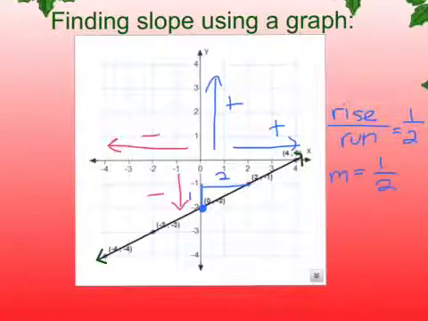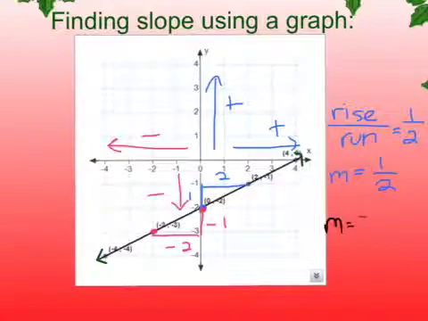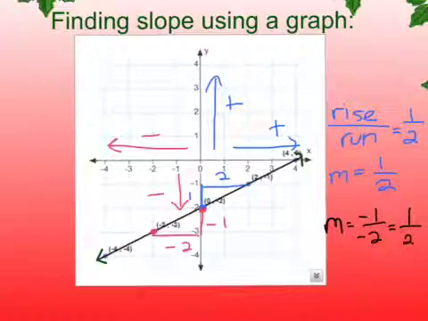Now it works the same way in the other direction. If you start at this point and you go to this point, you're going down, so -1, and left, so -2. Well, isn't it true that negative divided by a negative just leaves you with a positive? So either way, you still get the same point.